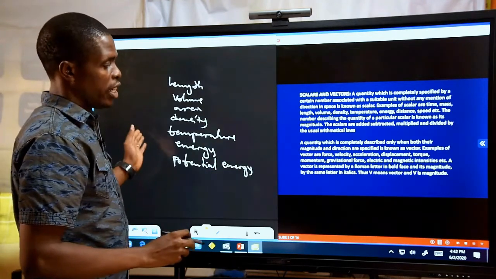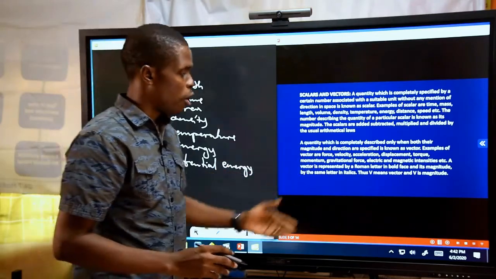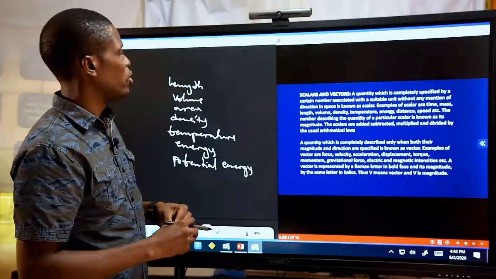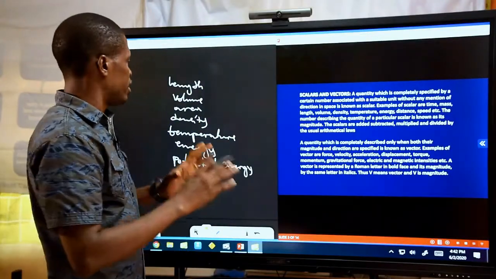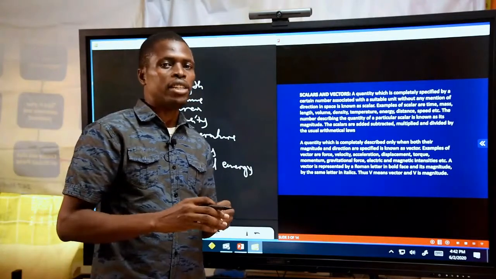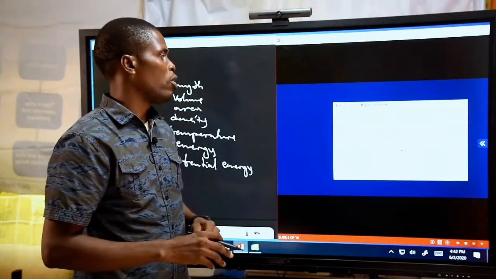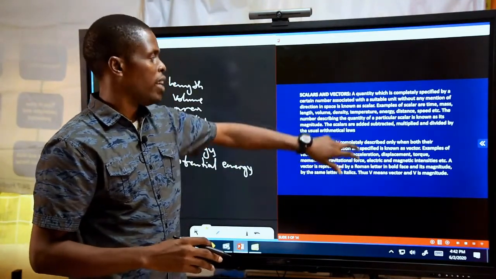But in the case of vectors, we have force, velocity, acceleration, displacement, torque, momentum, gravitational force, electric and magnetic intensities, and so on and so forth. So that is two wide areas we are looking at here, scalars and vectors. But our major concept here is vectors.